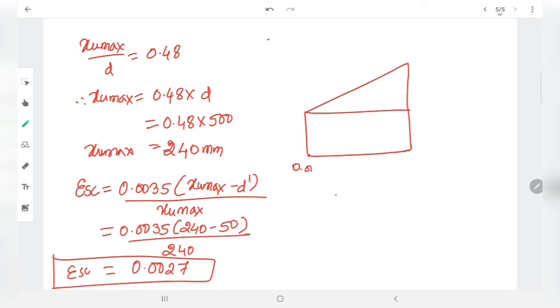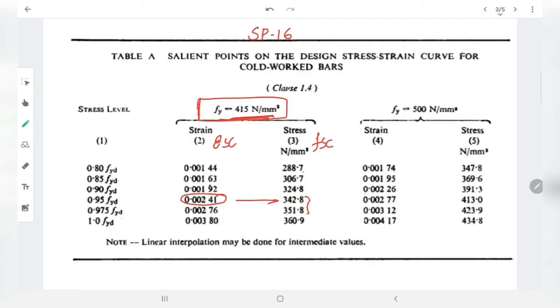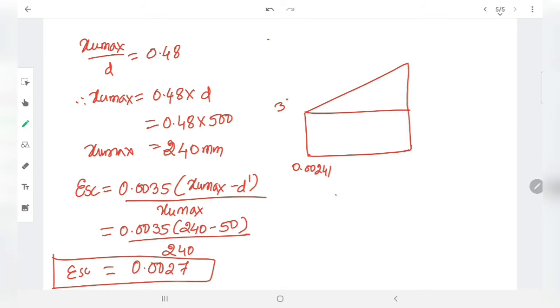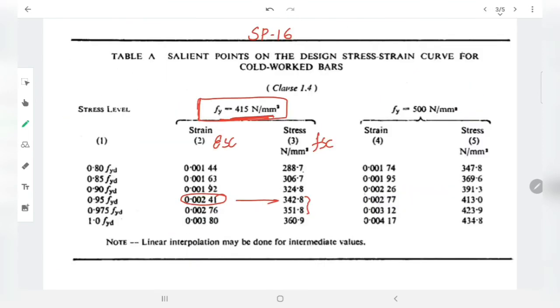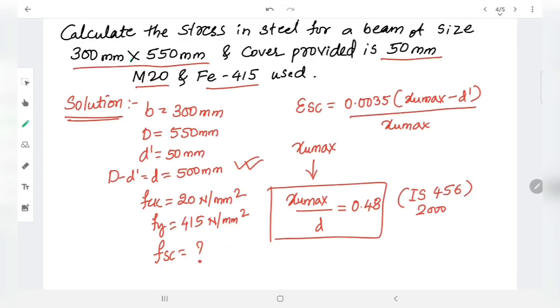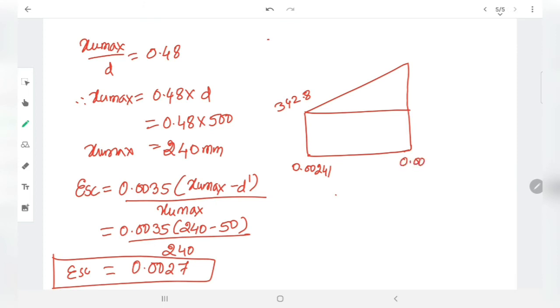Next, the following value is 0.00276, and its stress value is 351.8. Whereas our strain value is 0.0027. It is in between these two.